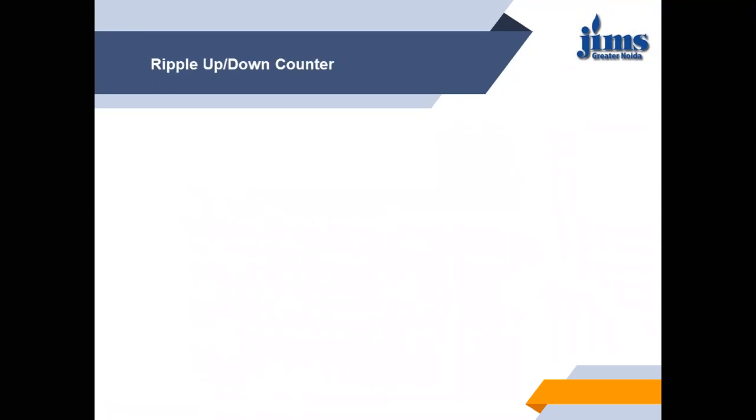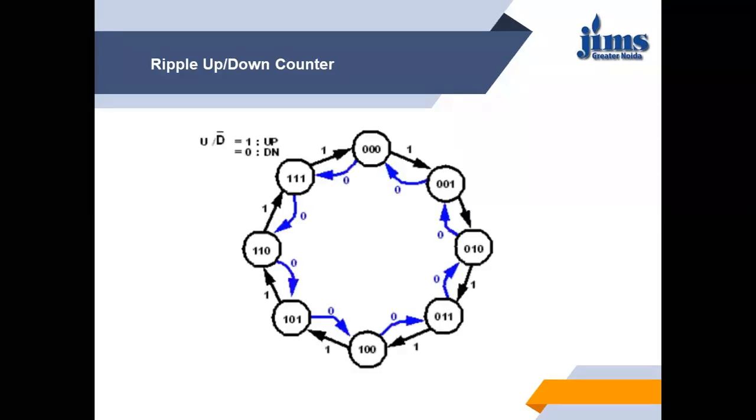Now let us move to another topic, that is the ripple up and down counter. This is a circuit in which we can define whether the sequence will count up or count down. For this purpose, we use another input signal which will decide if we have to count up or count down.